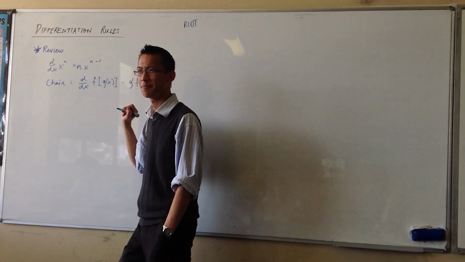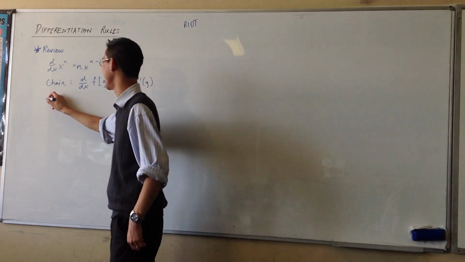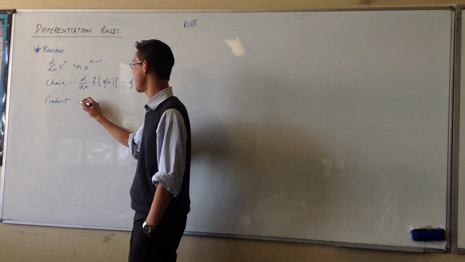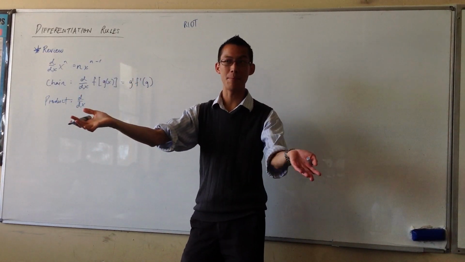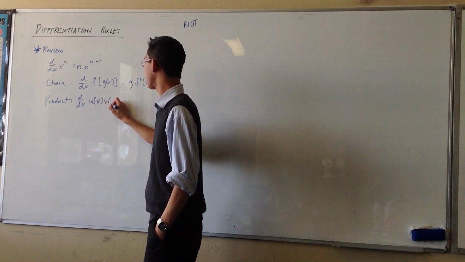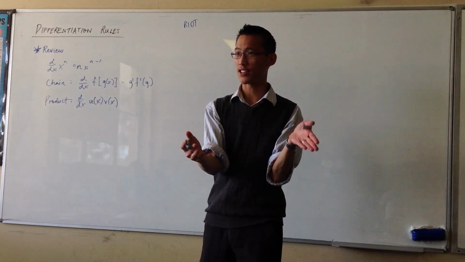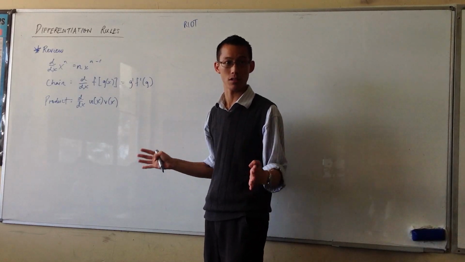Then what was the next one? Product rule. Thank you. Okay, so it's when we're differentiating something which is one function multiplied by another, and we call them u and v. So if this is what I've got here on the left-hand side, I'm putting my u of x and v of x just to remind you that u and v aren't just variables, they're actually functions of x.